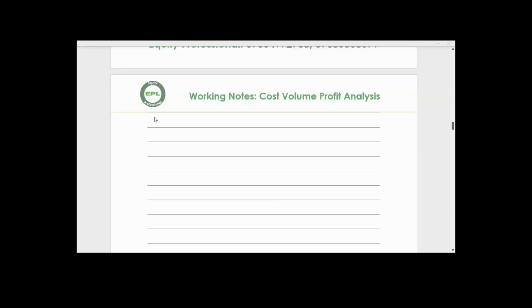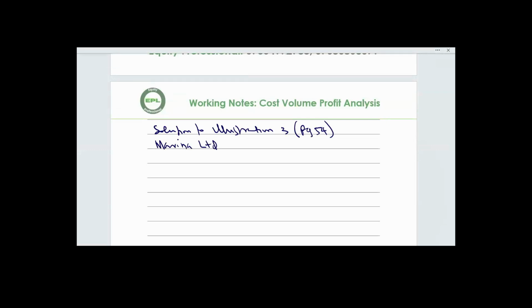So here is the solution to illustration 3, page 54. The name of the company is Marina Limited. All right. So Marina Industries.